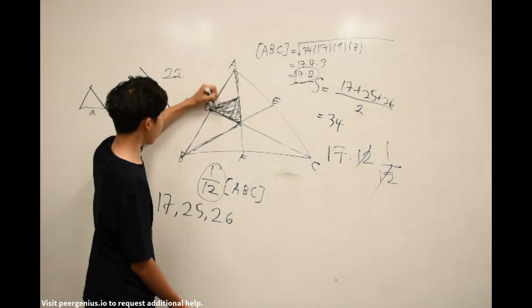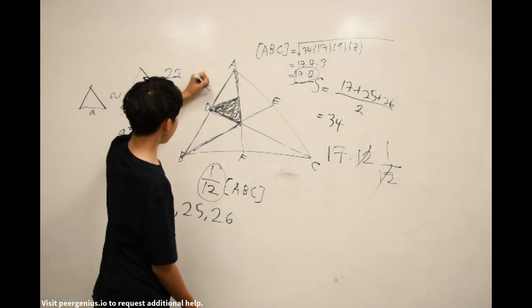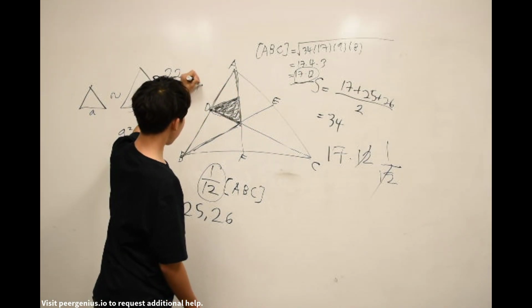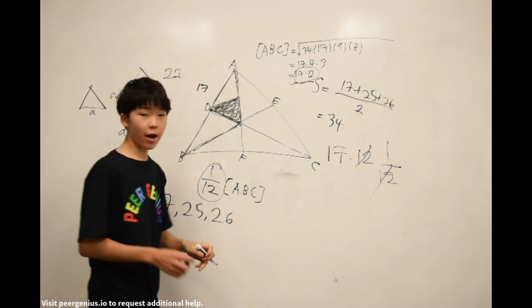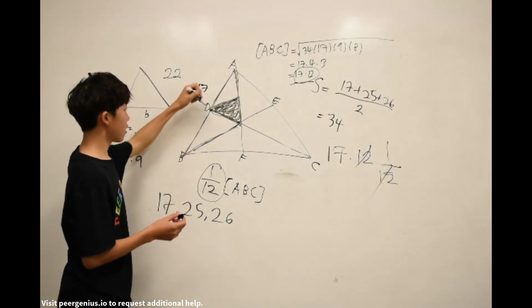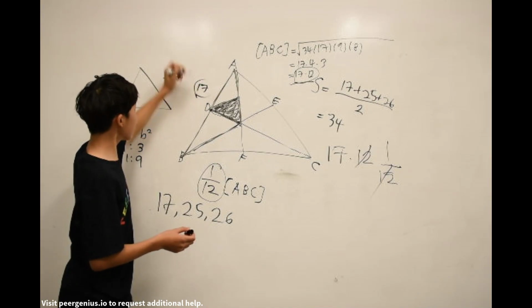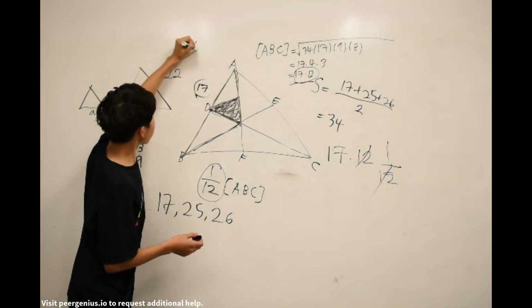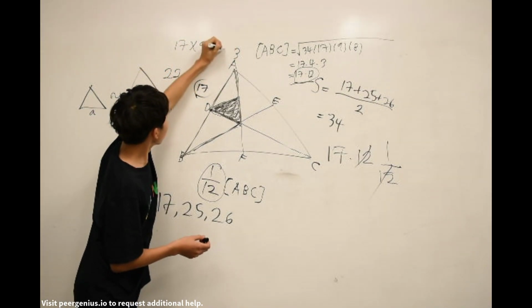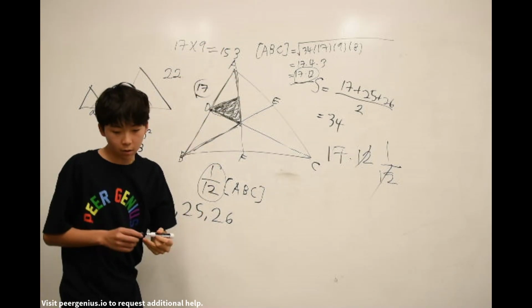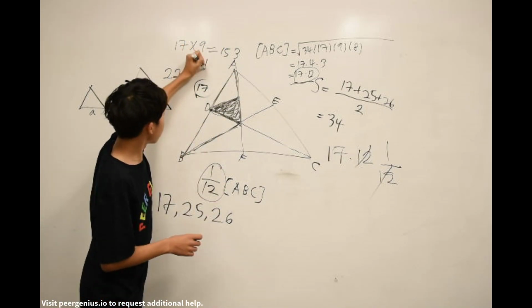So the area of this small triangle is 17. And the triangle that we actually want to find is 9 times this area. So 17 times 9 is 153, which I believe is B.